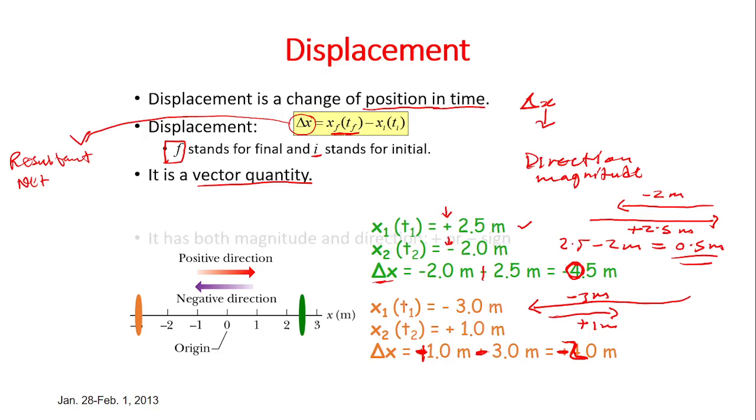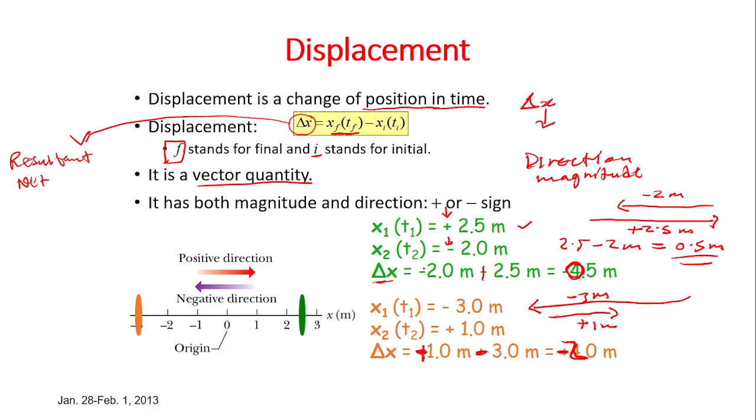Okay, so with that being said, this is the reason why I said displacement is a vector quantity, such that it has magnitude. When you talk of magnitude, this is the size, and this size normally has the units and the number.